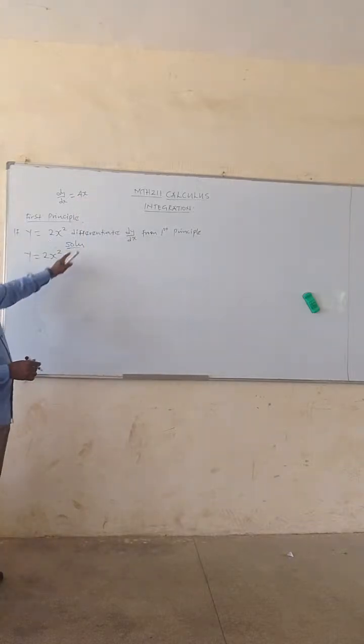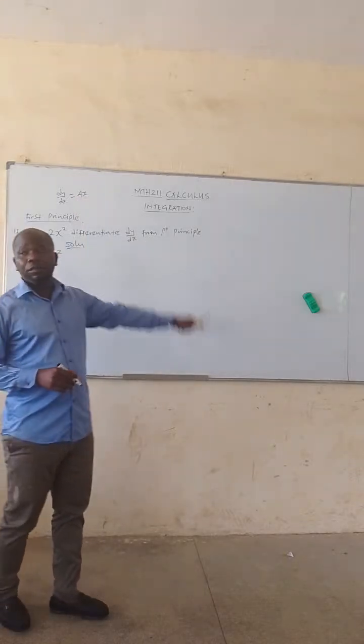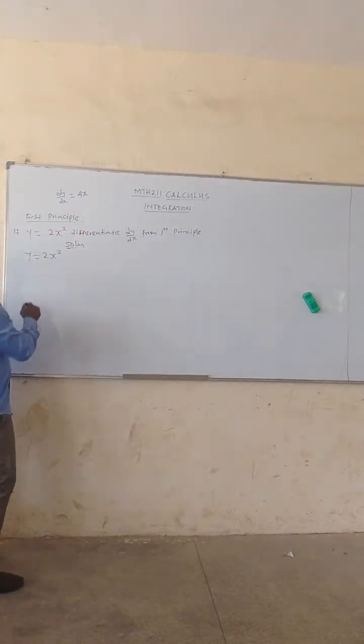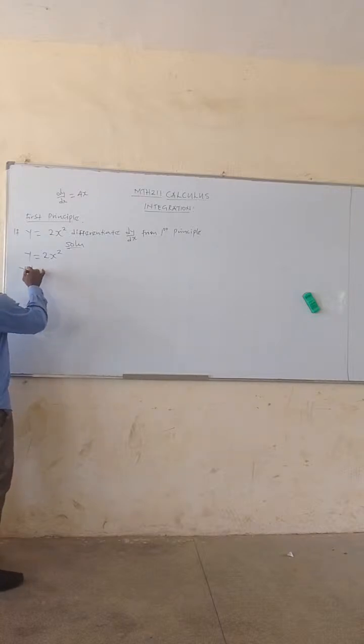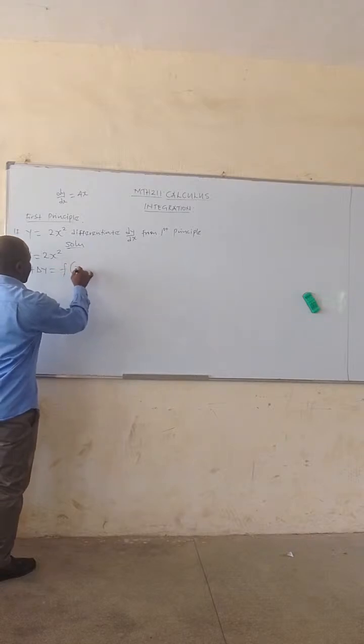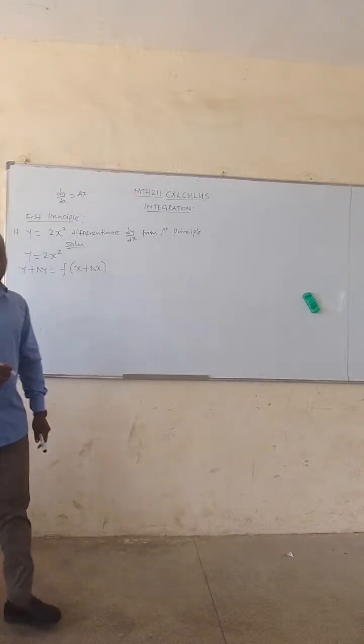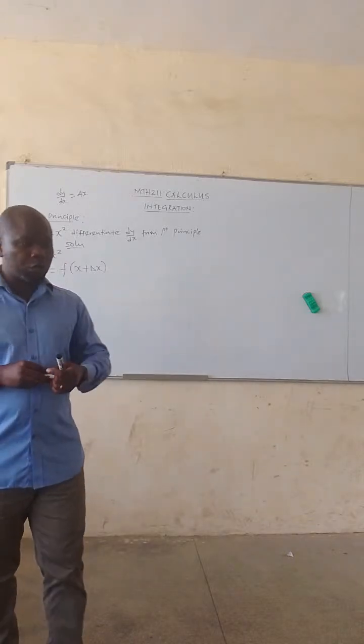But here we are asked to differentiate from first principle. So this implies that our first principle formula is y plus dy is equal to f of x plus dx. Amen? Okay? So far, so good.